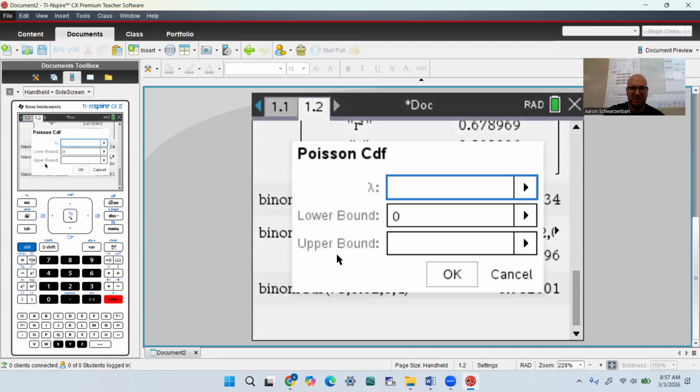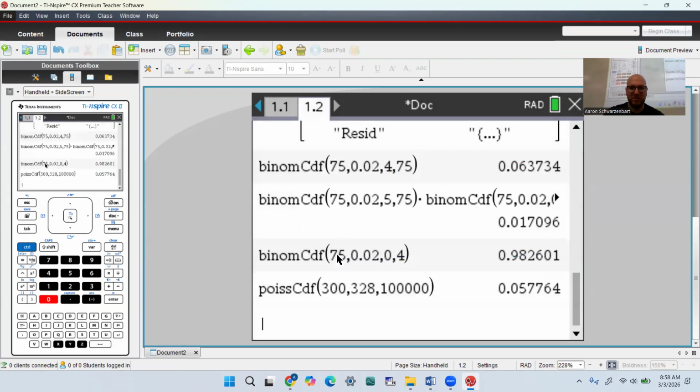Menu, same idea as with this. Poisson CDF. 300 lower bound. I think it was about 328 or 329. Upper bound, we're just going to go with 10,000 or 100,000, something large.